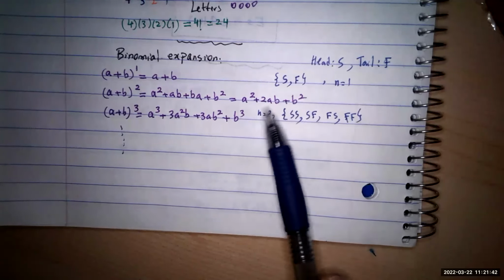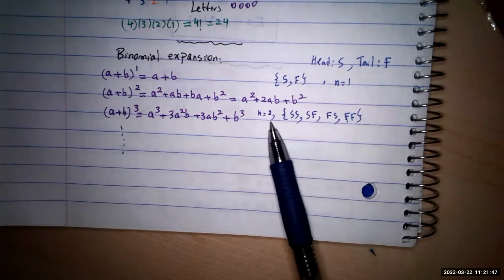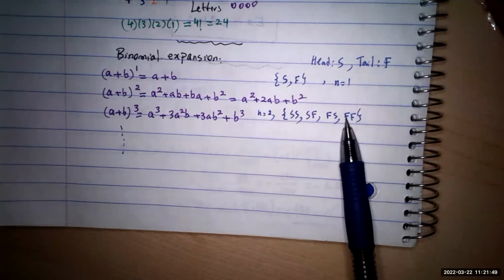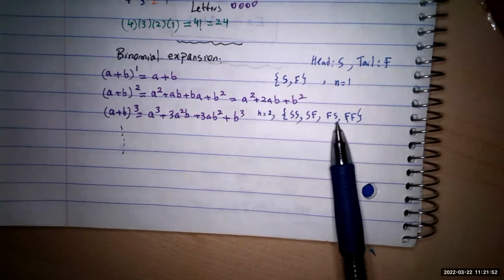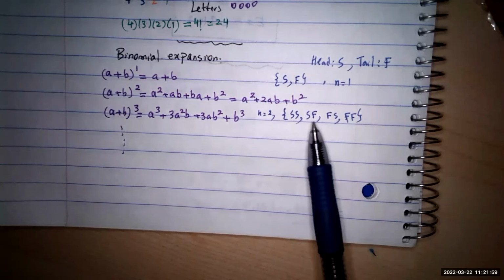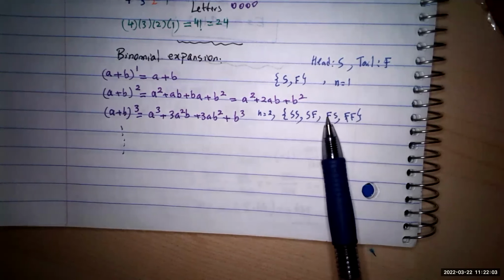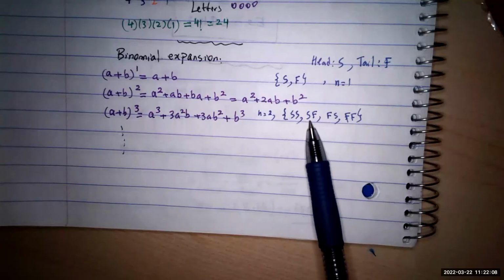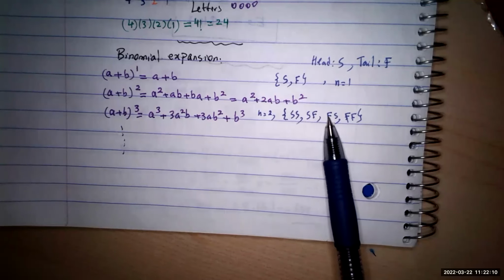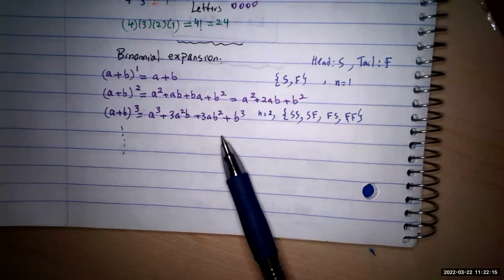When I put them together, 2AB is if I am interested in exactly one success. There are 2 ways that I will get it: a success and a failure, or failure and success. And you can continue.